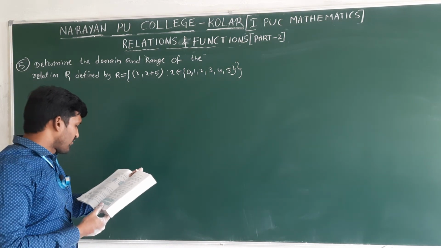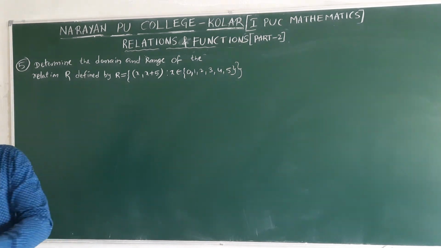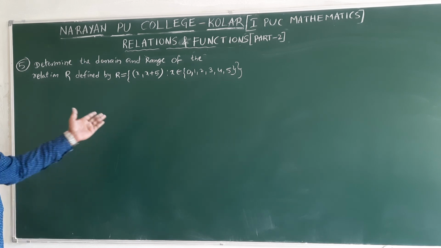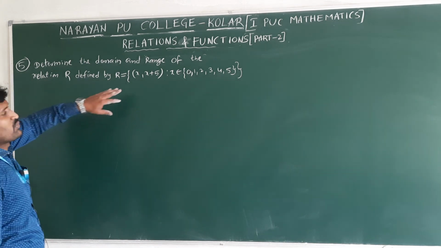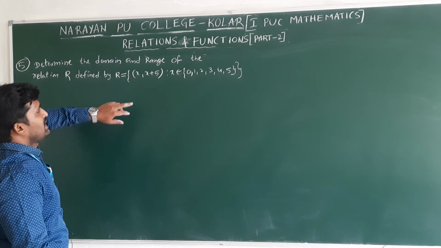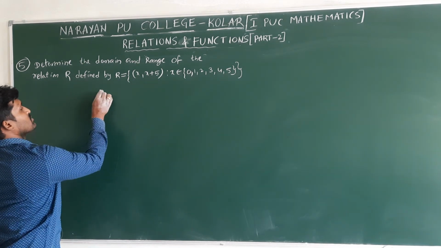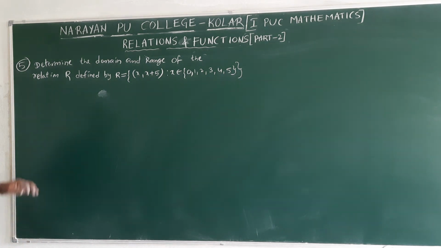Here the x value is given from 0 to 5 only. About y, we don't know here. The relation capital R is given, and there are no limitations for this. We can write all values up to that. X is given, so here x plus 5 are related values. Substitute. Here what you have to find is the domain and range.